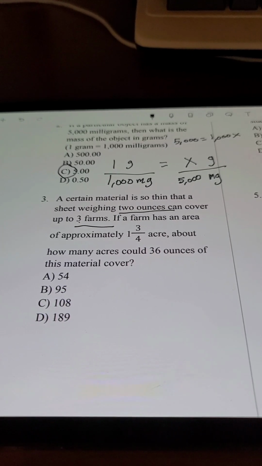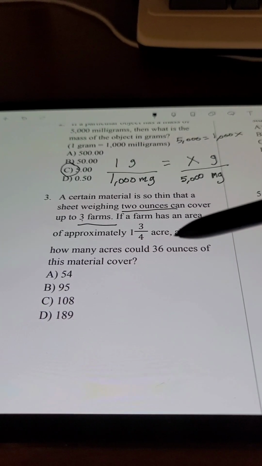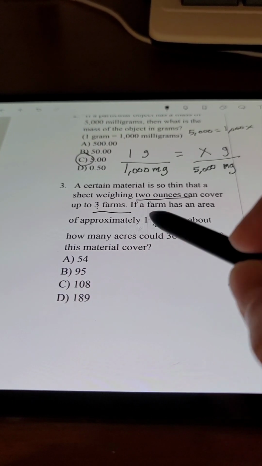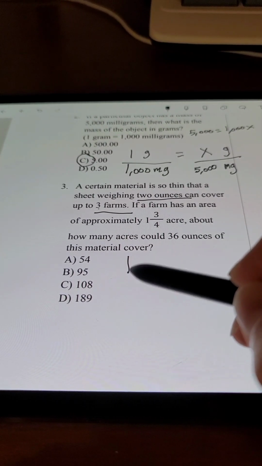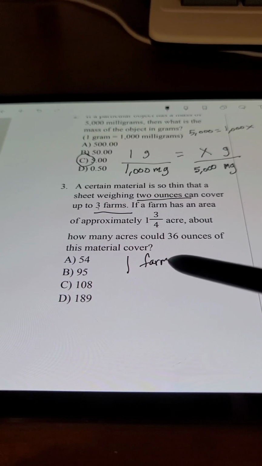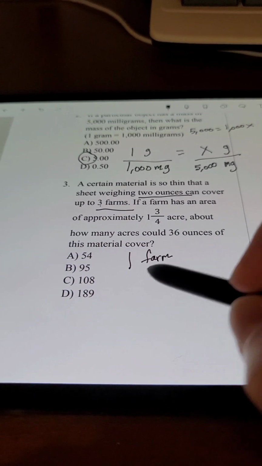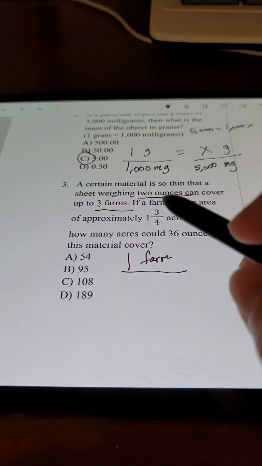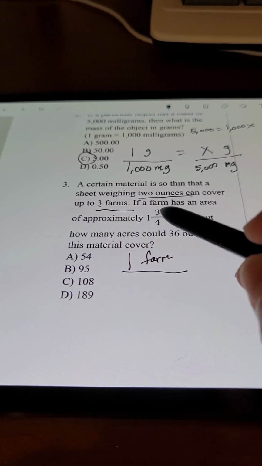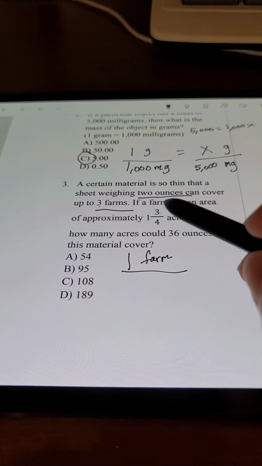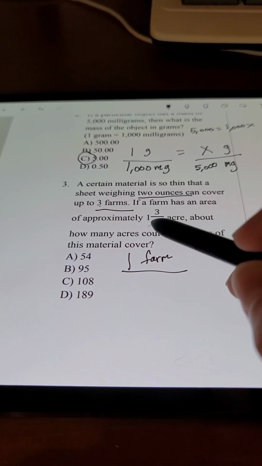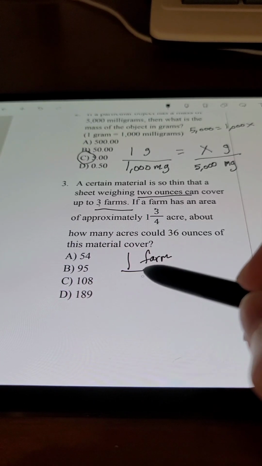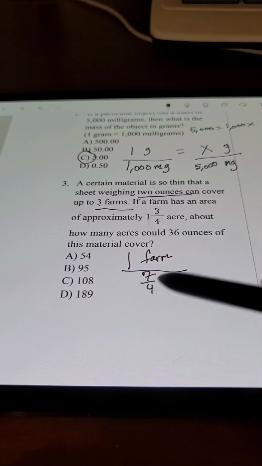Okay, so first let's figure out what 3 farms is in terms of acres. So I'm going to say, okay, 1 farm, I'm setting up a direct proportion, kind of like the previous problem. 1 farm is related to 1 3/4 acres, and if I turn that into an improper fraction, I would do that by doing 4 times 1 is 4, plus 3 would be 7, keep the bottom number, so 7/4.